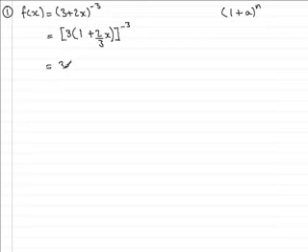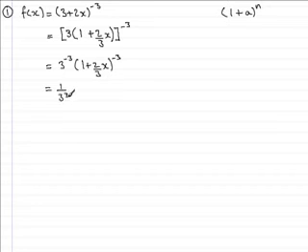So we have 3 to the power negative 3 multiplied by (1 plus 2/3 x), also to the power negative 3. Now 3 to the minus 3 is 1 over 3 cubed, which we'll see is 1/27th. Okay, I'll write that down on the next line when we get there.